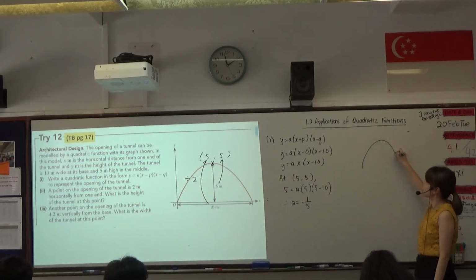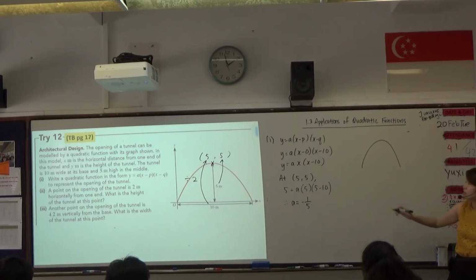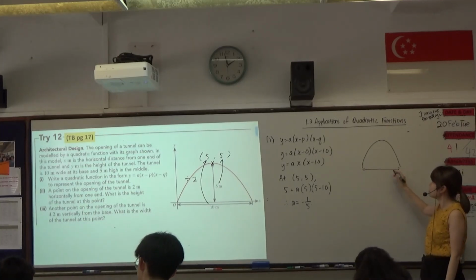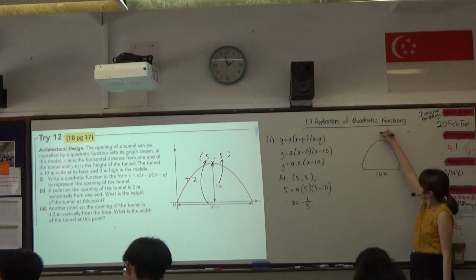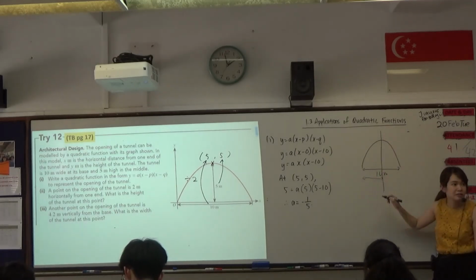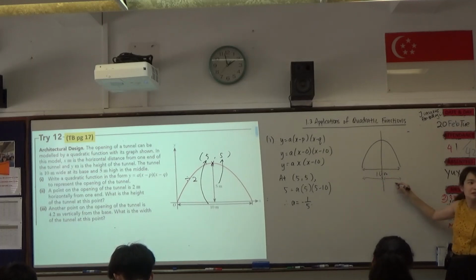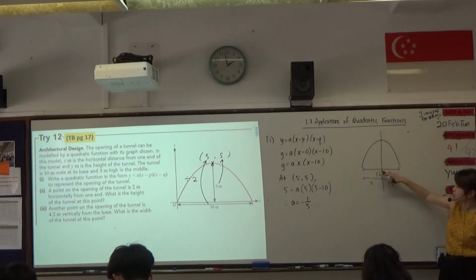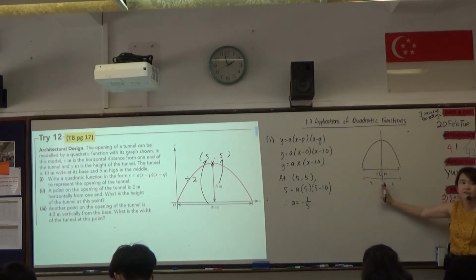Quadratic functions are symmetrical, right? If down here this whole thing is 10 meters, cut into half, how long is this? 5, and then down here, 5. So with my x-axis in place, 0 is here, down here will be 5, and down here 10.